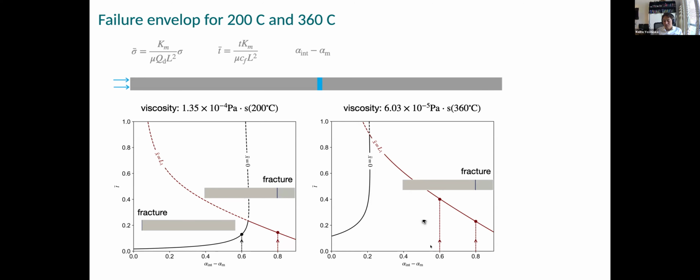In this case, for both cases of Biot coefficient difference, we hit the failure condition at the weak interface, so we only expect remote fracture to happen. The condition for fracture at the injection point is limited to this region, so the Biot coefficient difference has to be relatively small to expect fracture at the injection point.